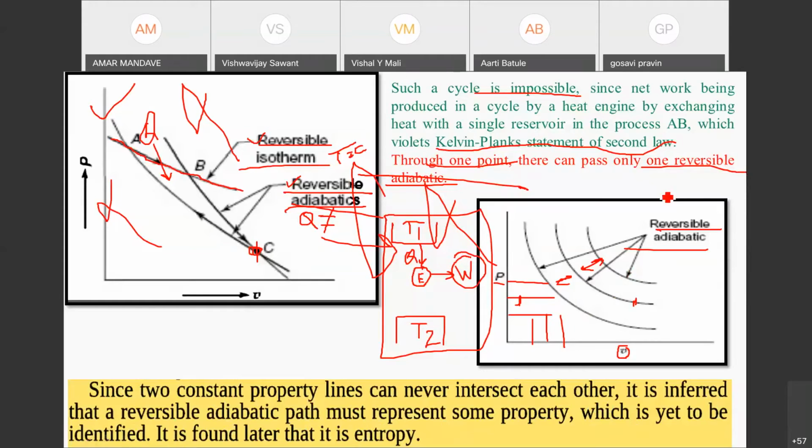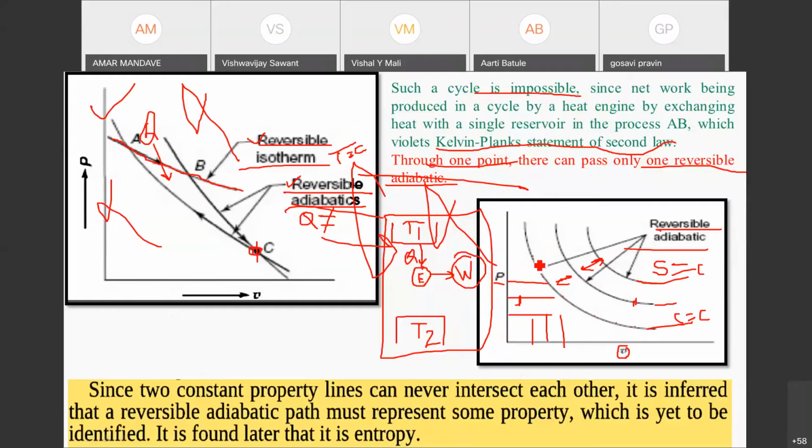So those reversible adiabatic lines give us the property entropy, denoted by the letter S. For these adiabatic lines, the entropy is constant. Whenever we calculate the entropy at any point on a reversible adiabatic line, the value should be constant, the same for all points on that line.